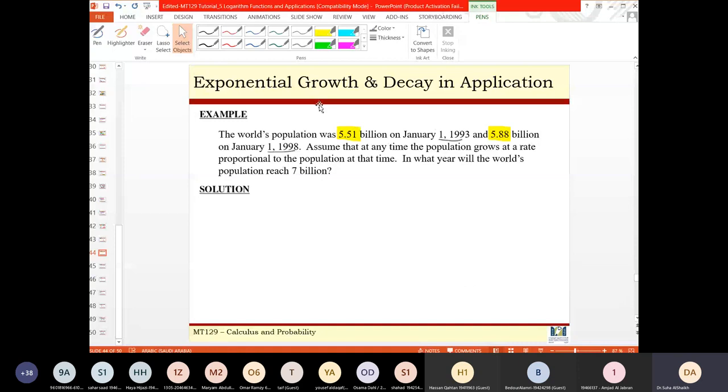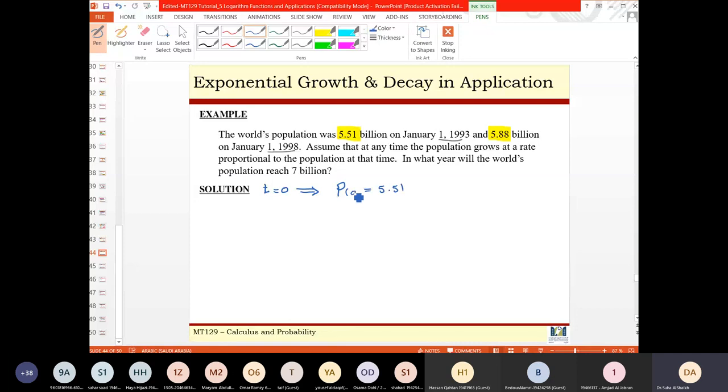So in here, I'm talking about the population كان 5.51 in January 1993 and it became 5.88 في 1998. So that was within 5 years, صح ولا لا؟ So لما time كان 0 when I started the calculation, the population was 5.51.